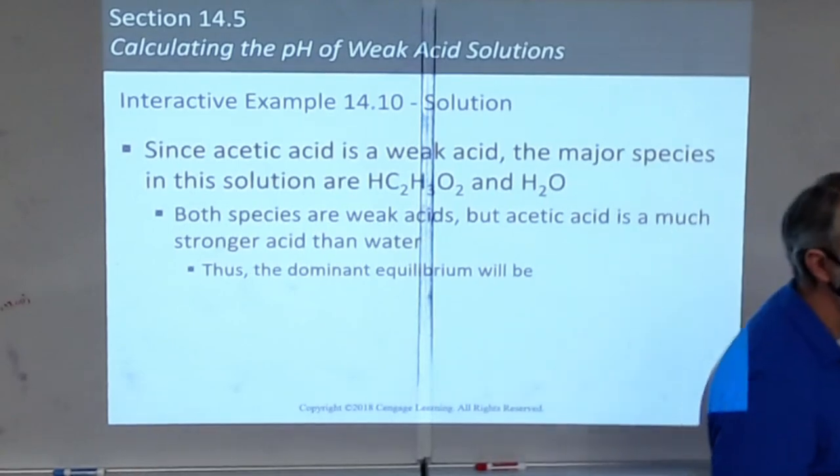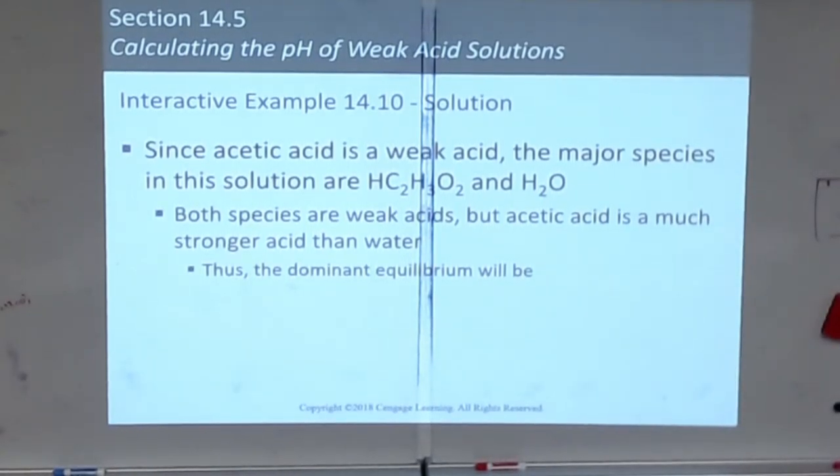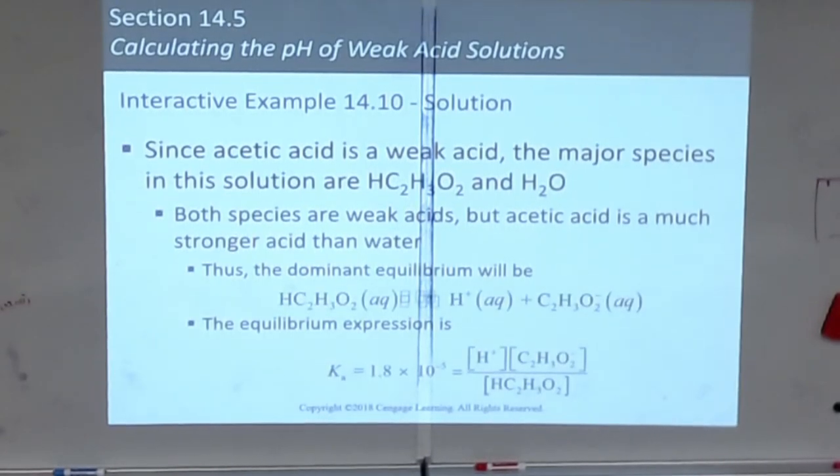The dissociation of acetic acid. Yeah, that's it. There's my equilibrium expression, as one might expect.